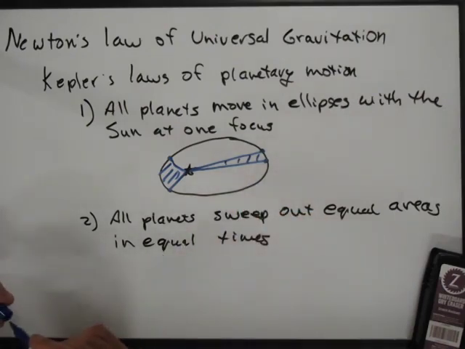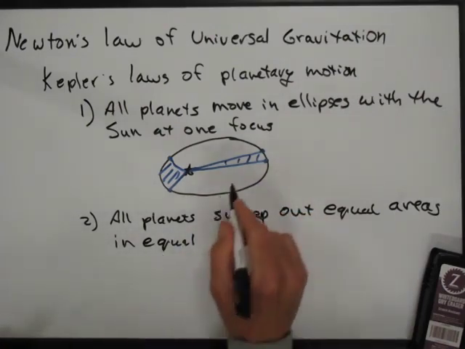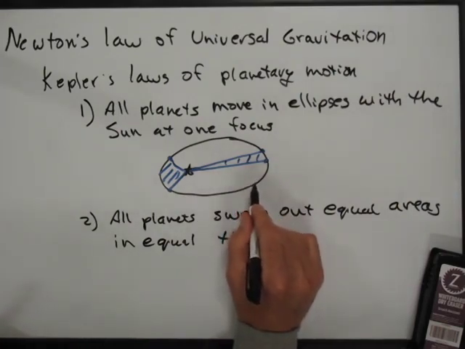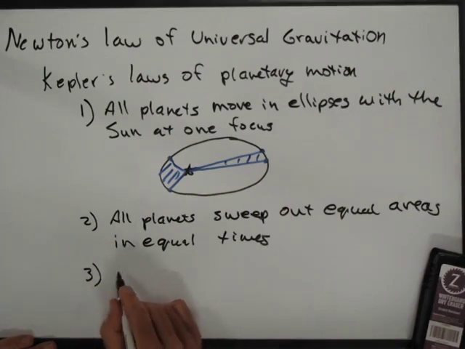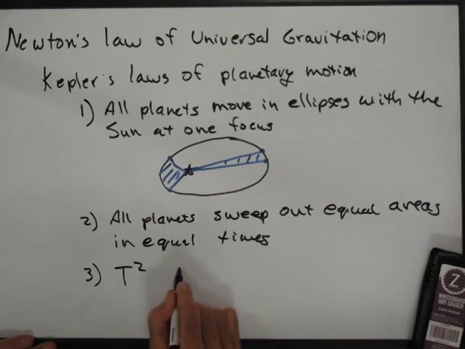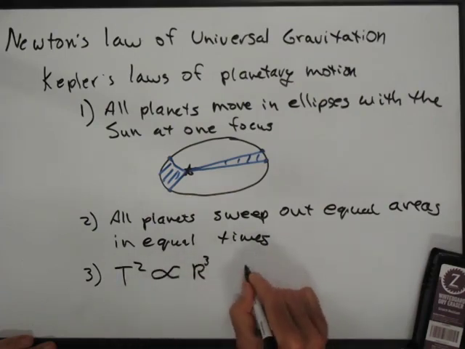So that was rule 2. This gets translated by Newton later on into the conservation of angular momentum. And the third one is the square of the period is proportional to the cube of the semi-major axis.